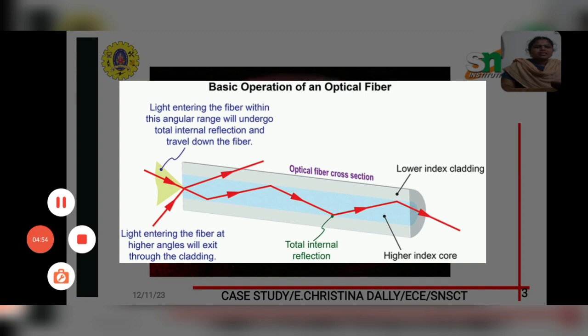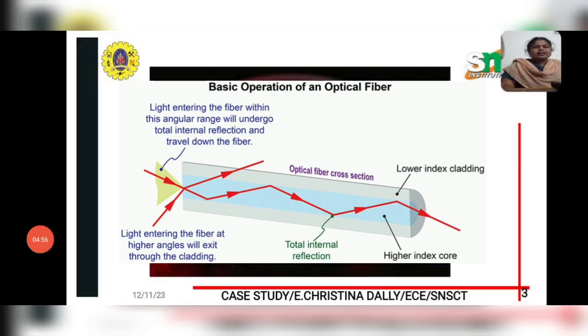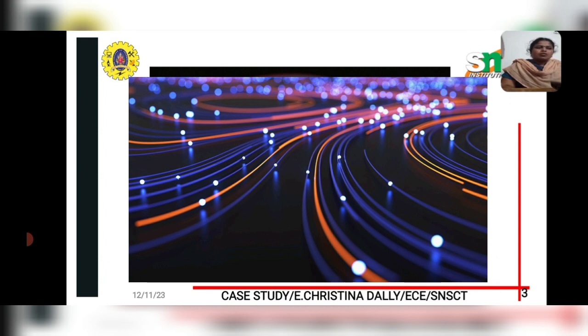We are going to see how information is transmitted over long distances in terms of the fiber. If we want to transmit over long distances, we go for optical fibers. What are the principles we use in optical fibers?